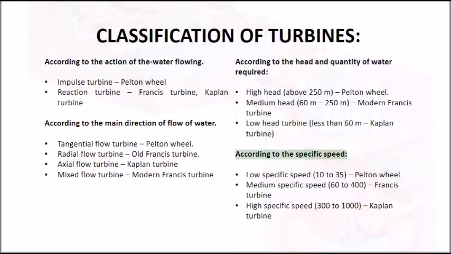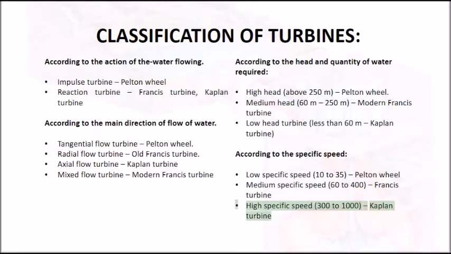According to the specific speed: low specific speed, 10 to 35, Pelton wheel; medium specific speed, 60 to 400, Francis turbine; high specific speed, 300 to 1000, Kaplan turbine.